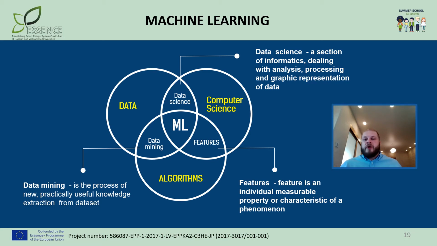The data-focused part of computer science is called data science. It is an interdisciplinary field that uses scientific methods, processes, algorithms, and systems to extract knowledge and insights from structured and unstructured data, and apply knowledge and actionable insights from data across a broad range of application domains.